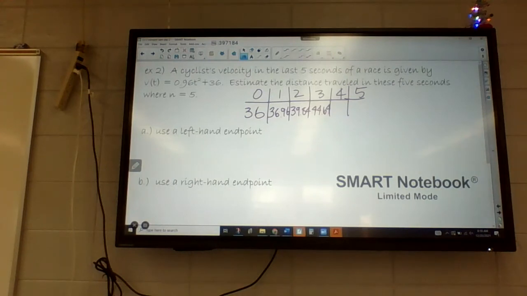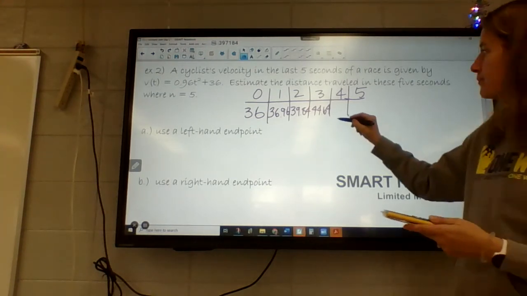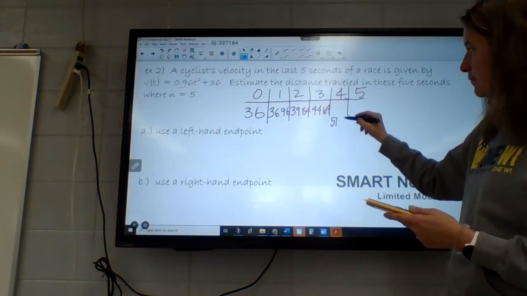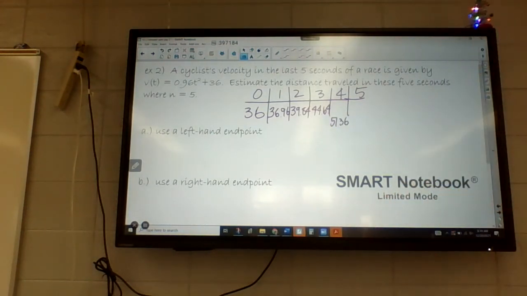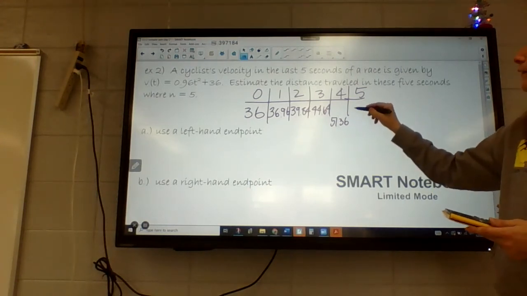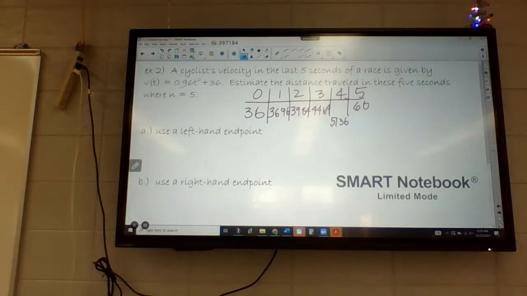Sorry, you probably want to write this down on your own sheet as well. My little squares are getting smaller. So at the end, speeding up, they're at 60 miles an hour at the last second. I don't even know if it's possible, but just go with it.